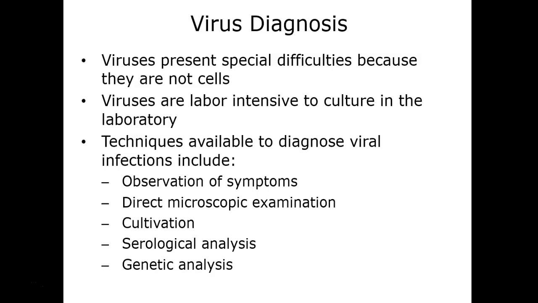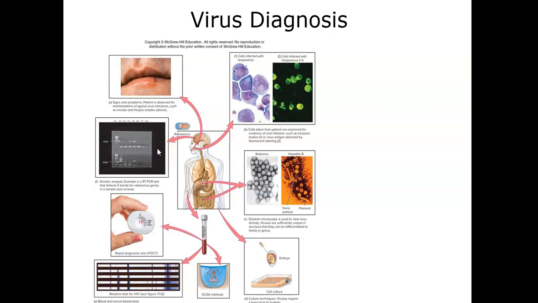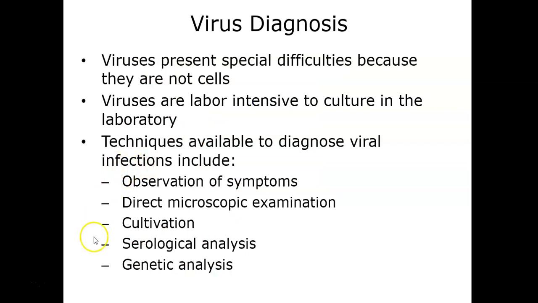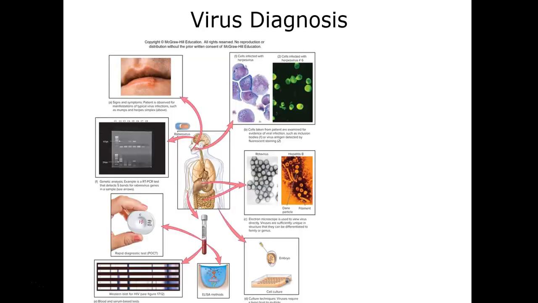And then lastly, we could also amplify that viral nucleic acid and do a genetic analysis, study the actual hybridization or the genetics of the virus. So this is really important to make sure that you understand these are several of the techniques that we use to diagnose viral infections. So this is just a slide that walks through these here in terms of signs and symptoms, microscopic examination using the scanning electron microscope.